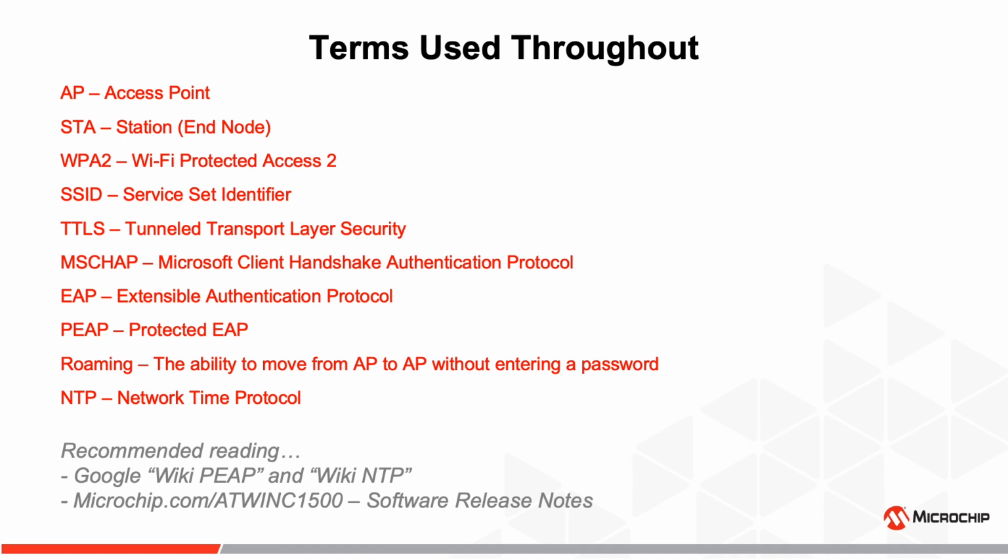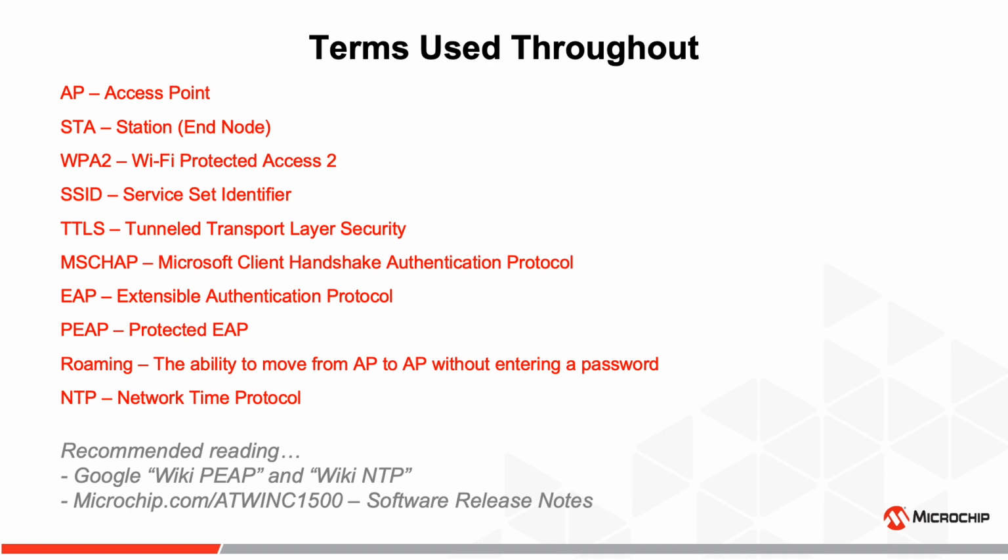You'll see WPA2, which is Wi-Fi Protected Access. That's the method of establishing security to gain access to the network. You'll see SSID, which is the service set identifier, and that refers to essentially the access point's credentials. You'll see TTLS, which is Tunneled Transport Layer Security.